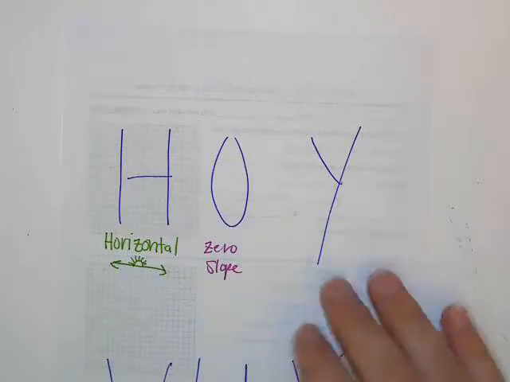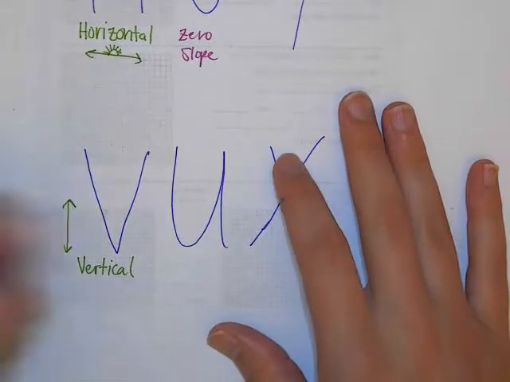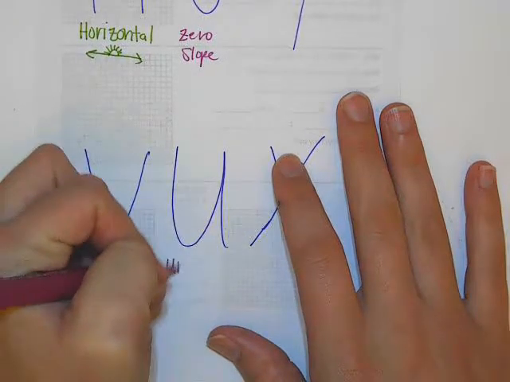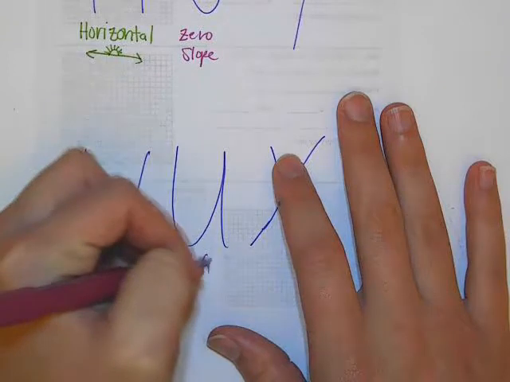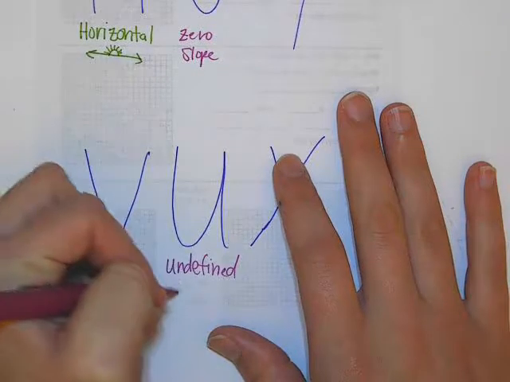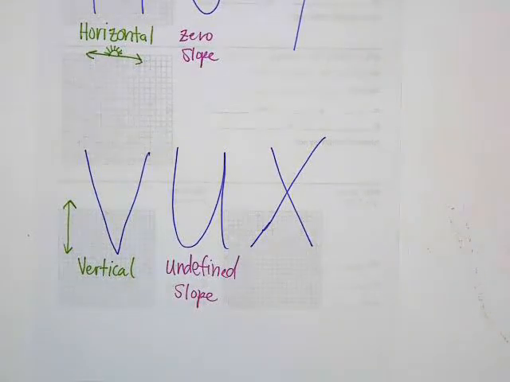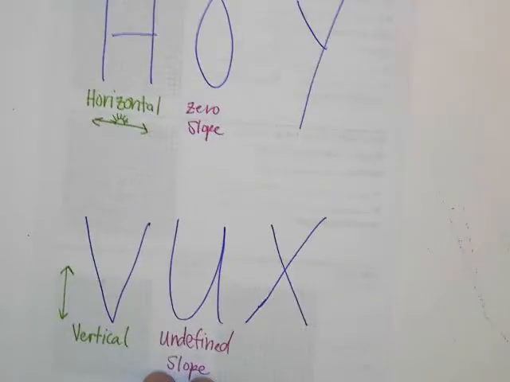For vertical, if you've got an up and down line, what type of slope? U stands for undefined. Undefined slope. So first letter tells you what type of line, side to side or up and down. Second letter tells you what type of slope they have.